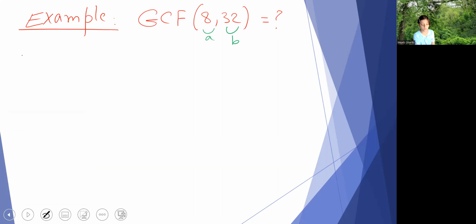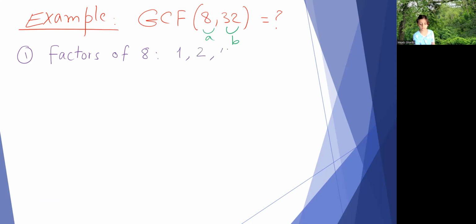Step number one: we have to find the factors of 8, which are 1, 2, 4, and 8. Why is 1 a factor of 8? Because 1 times 8 equals 8.